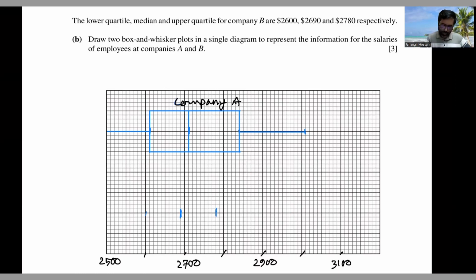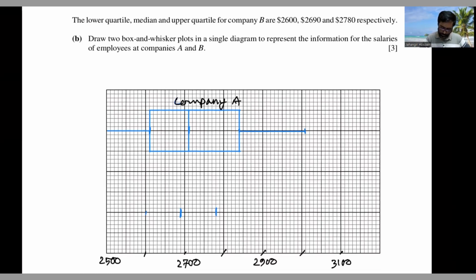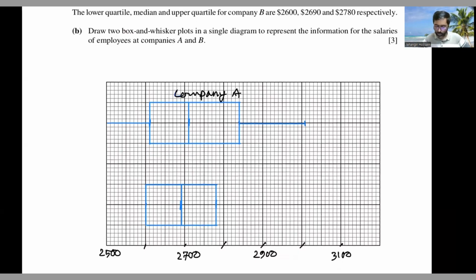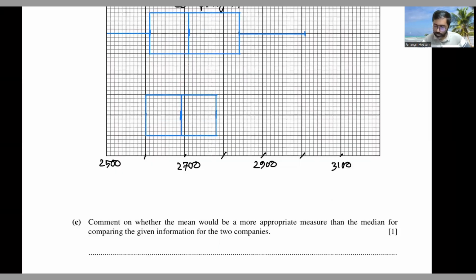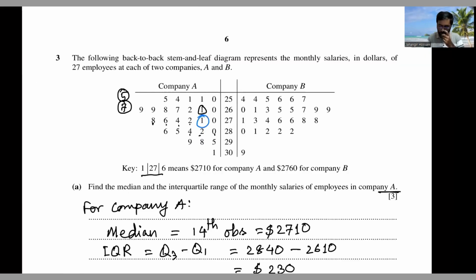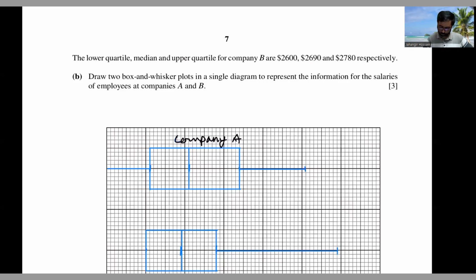The highest salary for company B is 3090, and the lowest salary for company B is 2540.